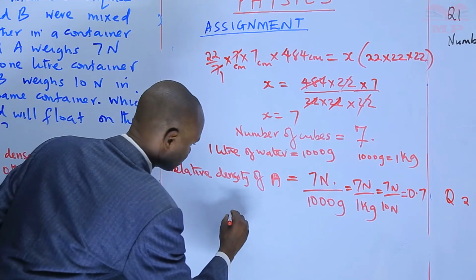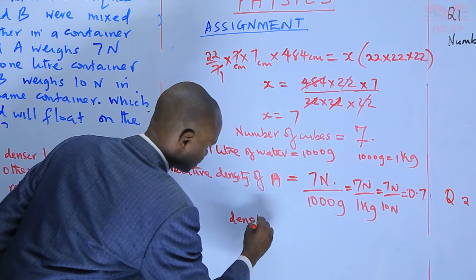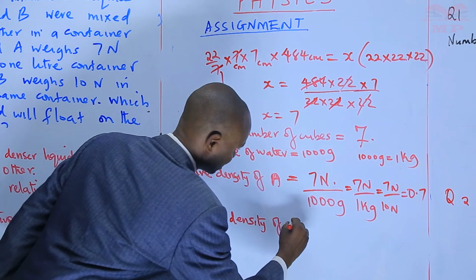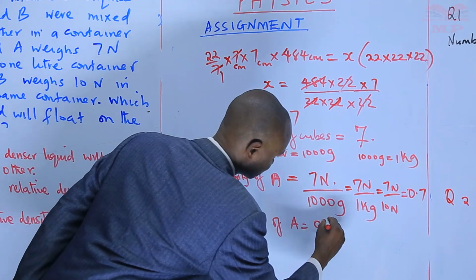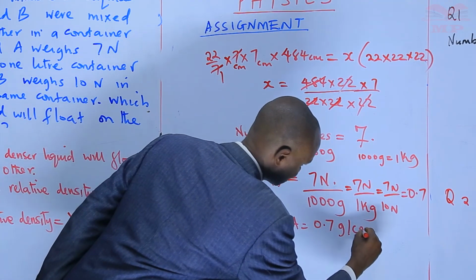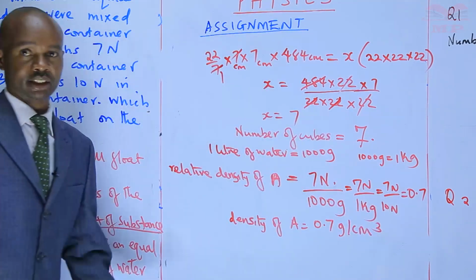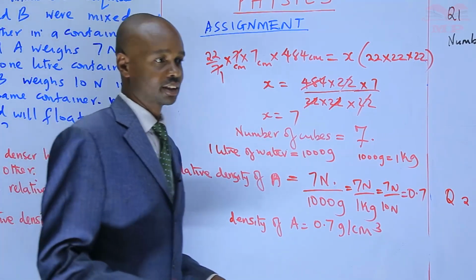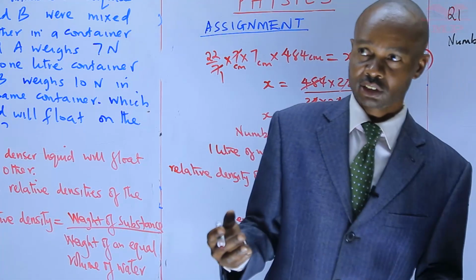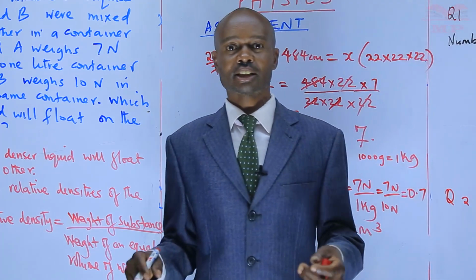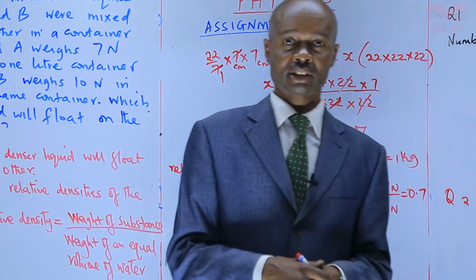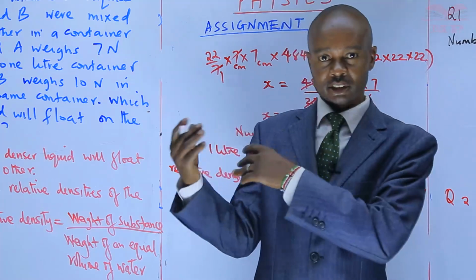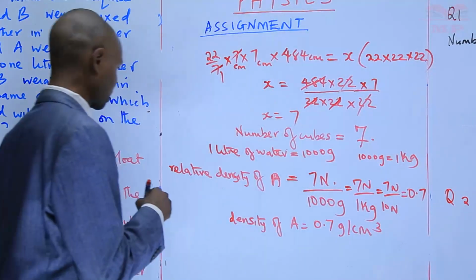So density of A is equal to 0.7 grams per centimeters cubed. I said when you get the relative density of a substance is, let's say 6, that means 6 grams per centimeters cubed, because you are comparing it to the density of water.